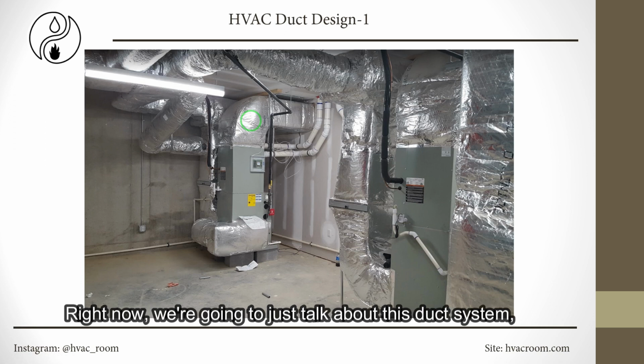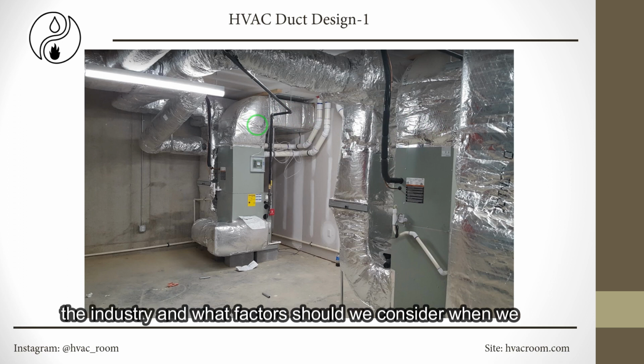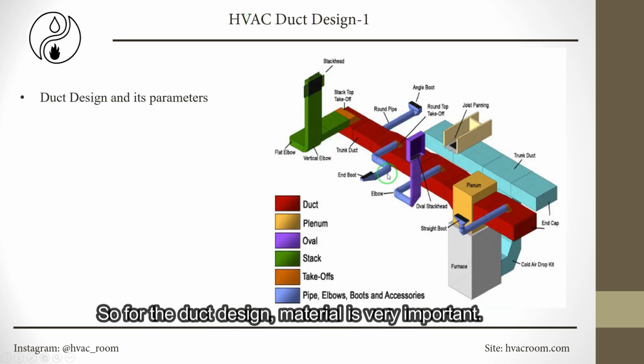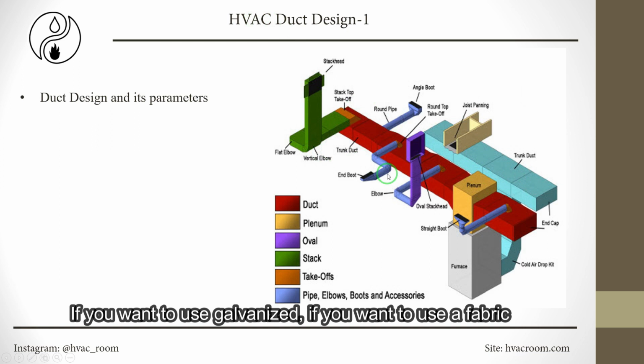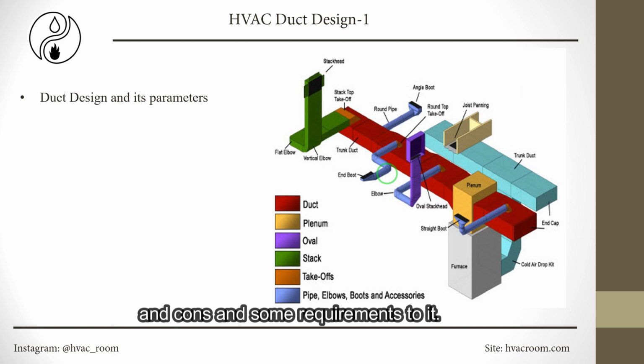Right now, we're going to just talk about this duct system, how we want to design it, what type of shapes do we have in the industry, and what factors should we consider when we are going to size this system. So for the duct design, material is very important. If you want to use galvanized, fabric ductwork, or stainless steel, we have pros and cons and some requirements to it.